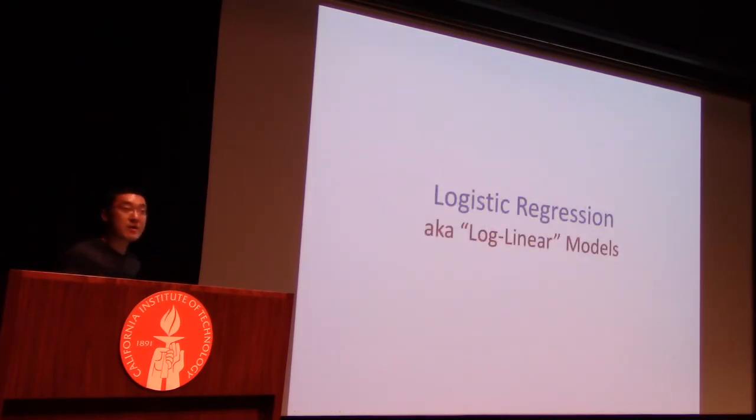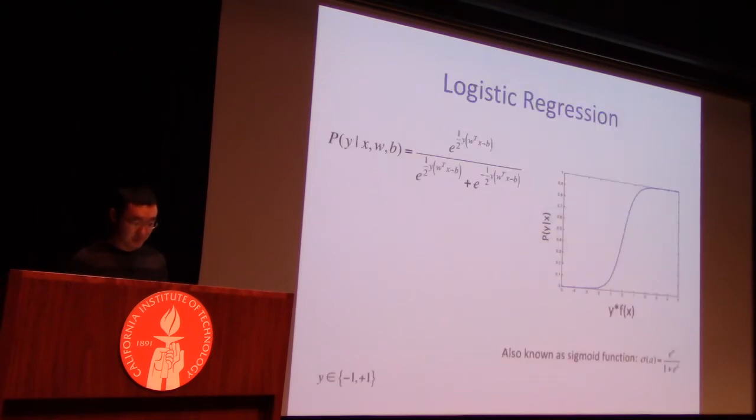Okay, so now we'll move on to logistic regression. This is the formula people use when motivating logistic regression. Suppose we want to model the conditional probability of y given x. So given this x, what's the probability that y is plus 1 versus minus 1?